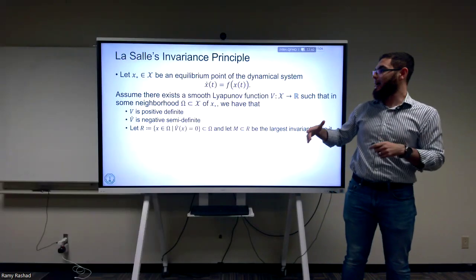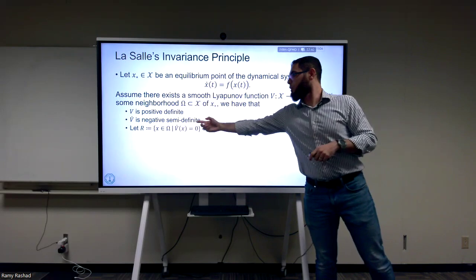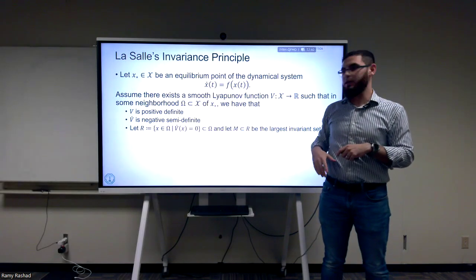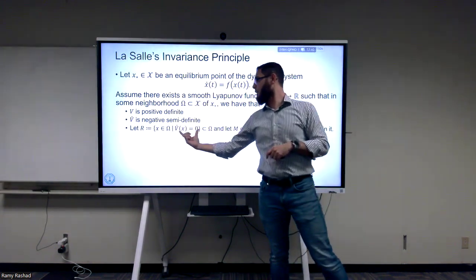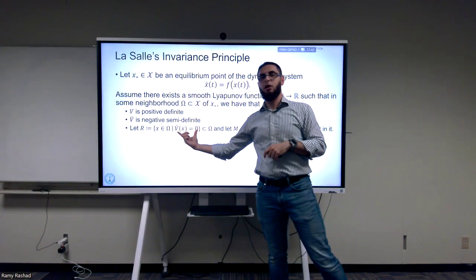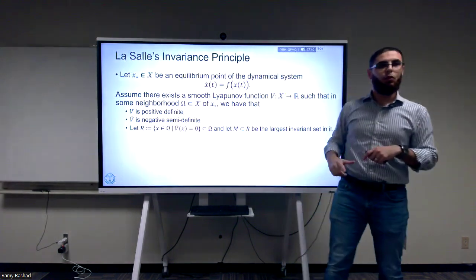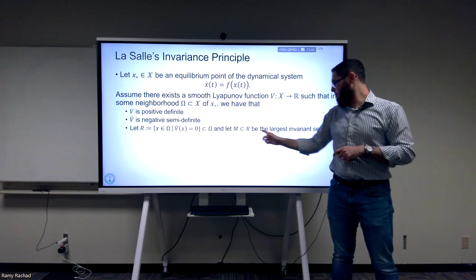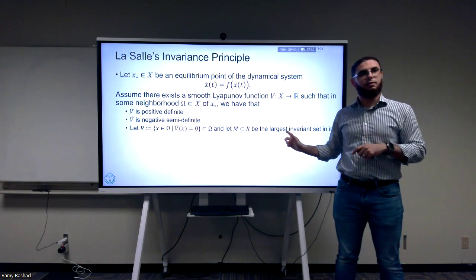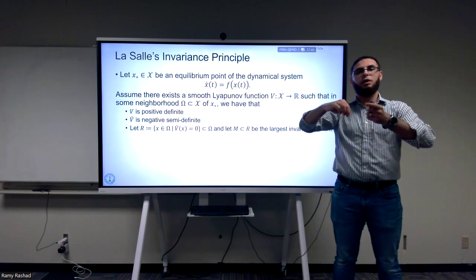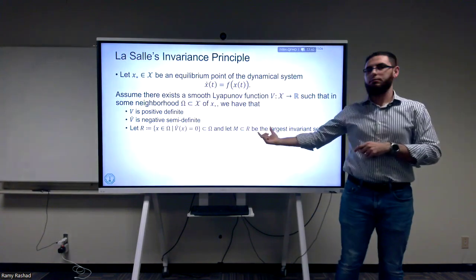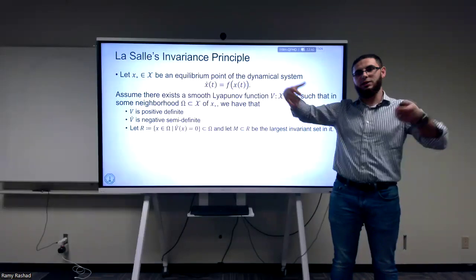What he proved is that if V is positive definite and V dot is negative semi-definite, and you have the set of V dot equal to 0, then if M is the largest invariant set, whenever we start inside of omega, we will always go to M.